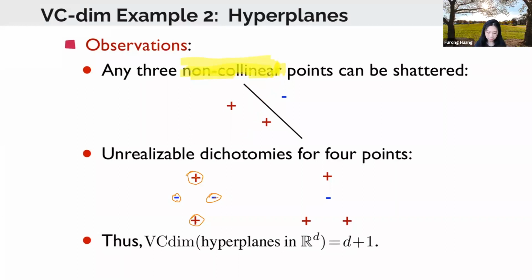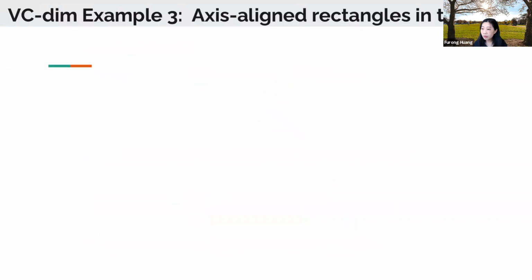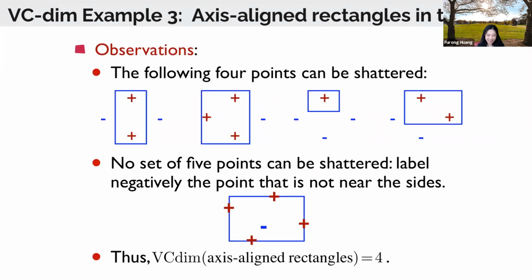I'm going to move forward if no other questions. This is the first hypothesis class we've learned, axis-aligned rectangles in the plane, which caused a lot of confusion, I understand. So what is the hypothesis H?